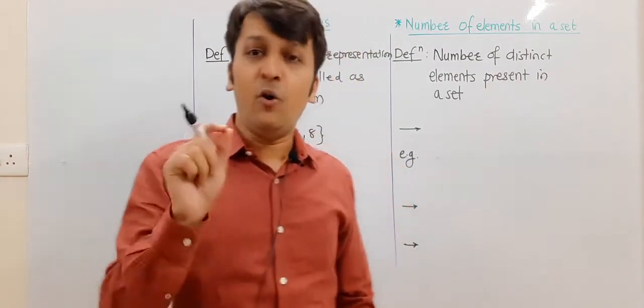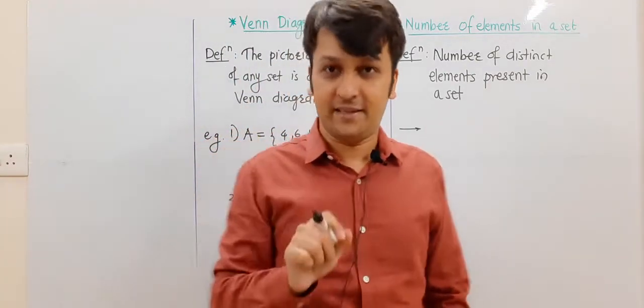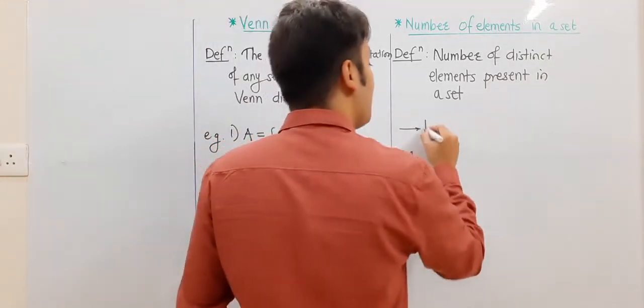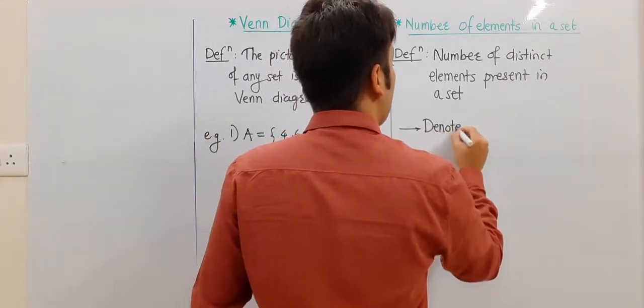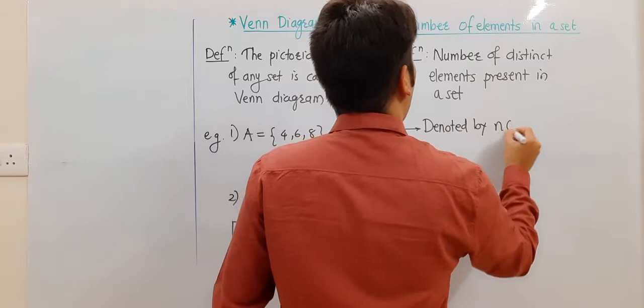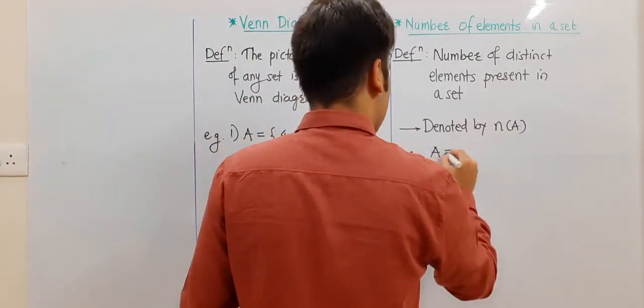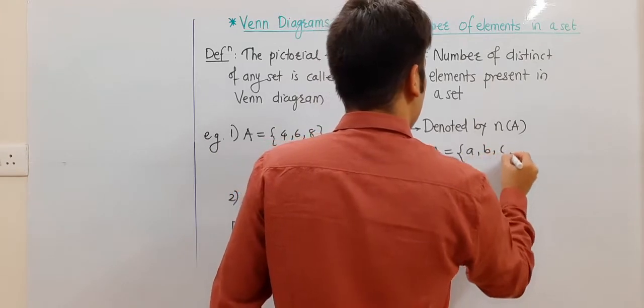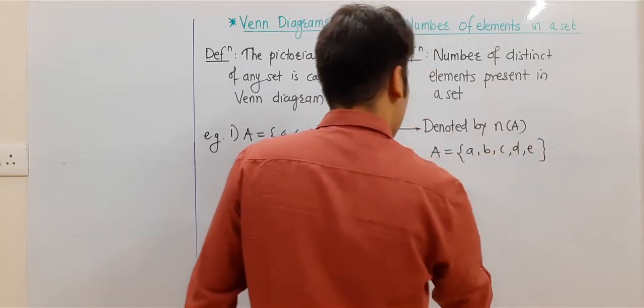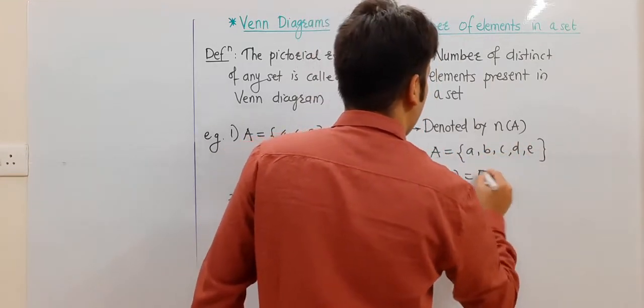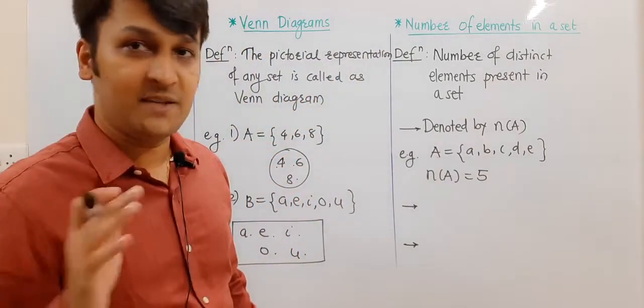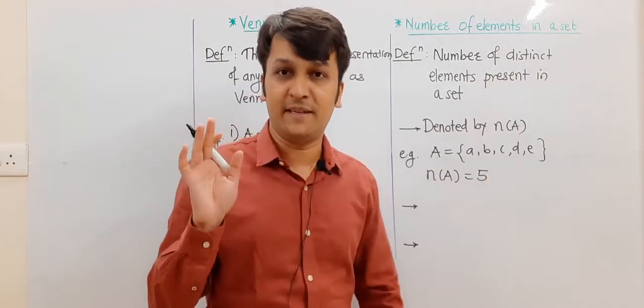Means how many elements are present in a set? It is denoted by n(A). Remember, it is denoted by n(A). For example, if I have a set like this, A, B, C, D, E, then I can write n(A) as 5, because 5 elements are present in this set.